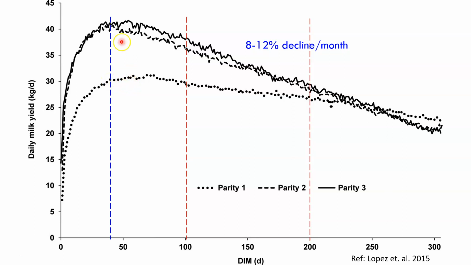However, the decline is not so prominent, so it maintains a relative plateau for a longer period. During second and third parities, we usually say you can get about 25-30% more milk than the first parity. Say peak is 30 liters here, here 40 liters, so that's 30% more.